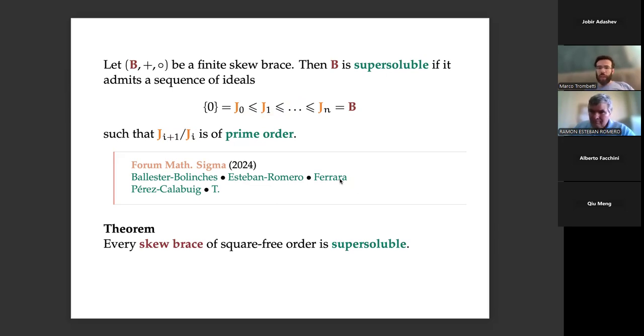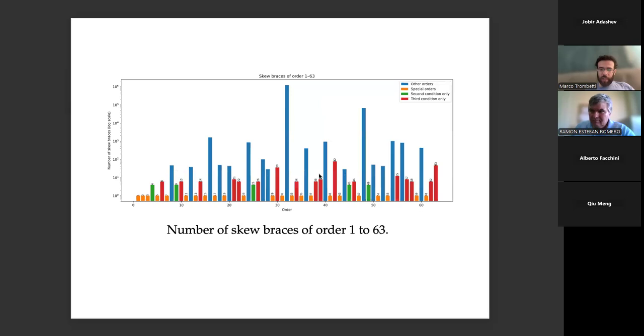And if you look at this diagram, if you just look at the red things, you will see that most of them have a square free order. But for example, I think 63 should not be of square free order, because it's 7 times 9.